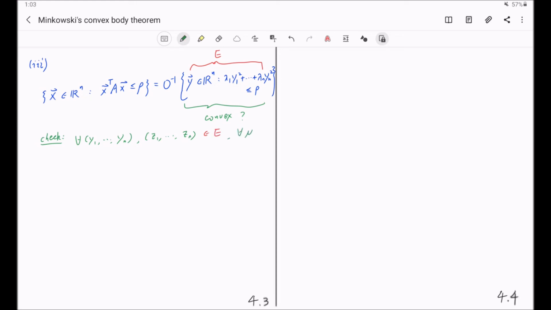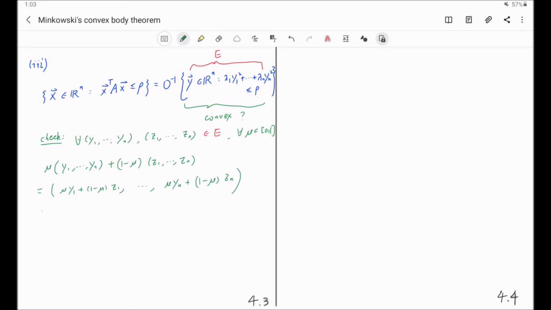and any mu between 0 and 1, we consider mu times (y1 through yn) plus (1 minus mu) times (z1 through zn). So this is, component-wise, mu y1 plus (1 minus mu) z1, and the last component is mu yn plus (1 minus mu) zn.